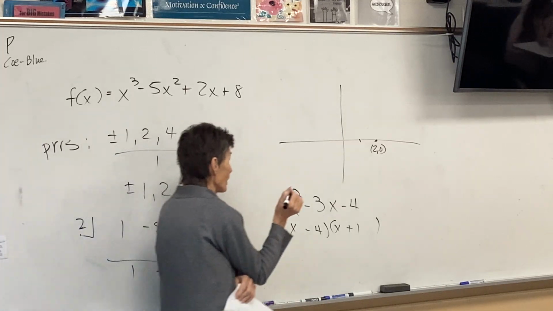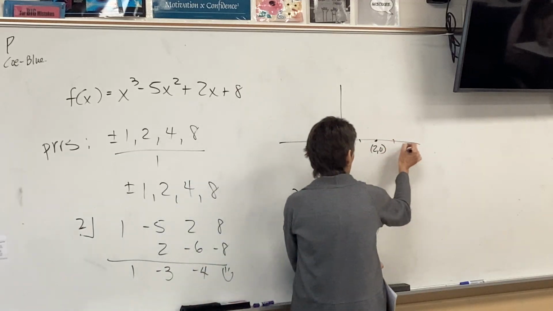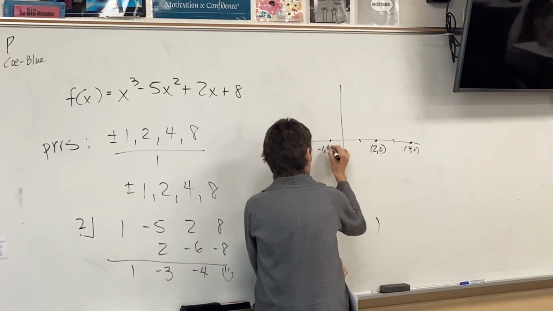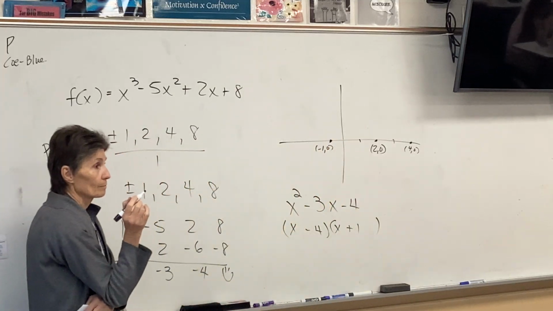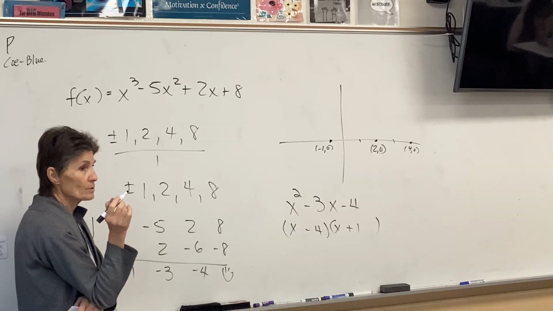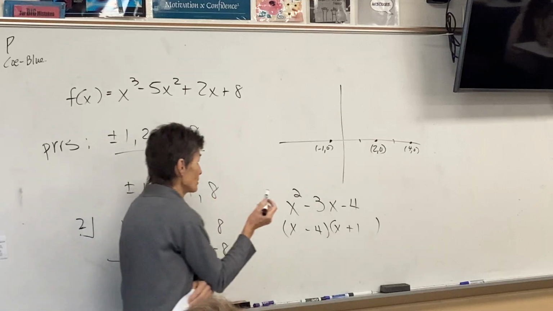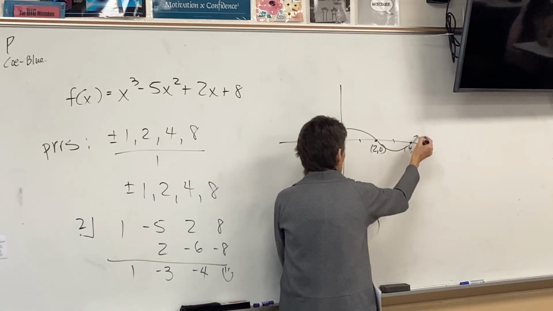So where do the other dots go, my other x-intercepts? Positive 4, negative 1. Any repeated numbers in this problem? So no bouncing. So I'm just going to connect the dots. And there we go.